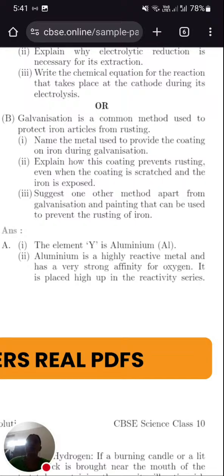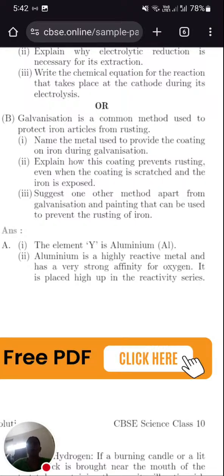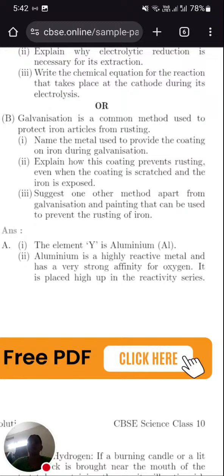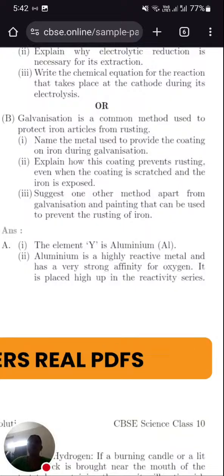So what is galvanization? Galvanization is making a layer of zinc on iron to prevent it from rusting. Explain how this will prevent rusting even when the coating is scratched and the iron is exposed. Even if the coating is removed, it will still prevent it. And suggest one other method apart from galvanization and painting.